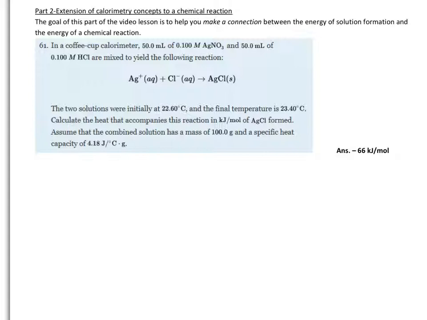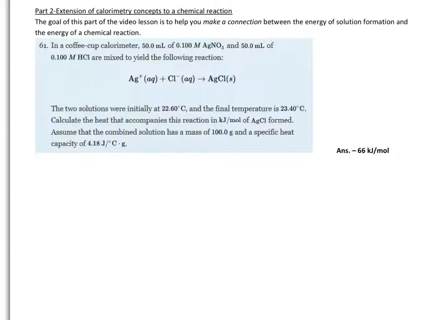In a coffee cup calorimeter, 50 milliliters of 0.1 molar silver nitrate and 50 milliliters of 0.1 molar hydrochloric acid are mixed to yield the following reaction. And we can see here the net ionic equation for the precipitation reaction between silver ions and chloride ions to form the solid silver chloride.